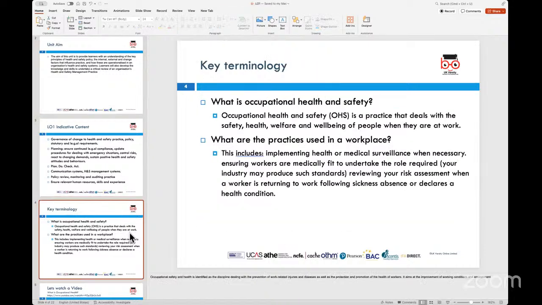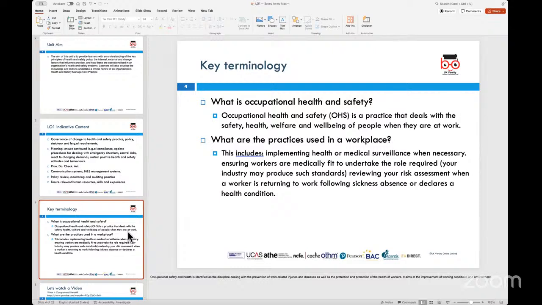Now, if I were to start off with one or two basic questions in terms of learning outcome one in this unit, one of the first questions that comes to mind is about a term we are going to be using quite often. So it is best that we understand this term and its meaning, and have a good working knowledge of why it is going to be used time and again, and what it stands for.